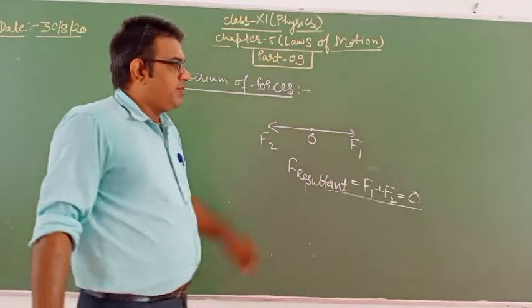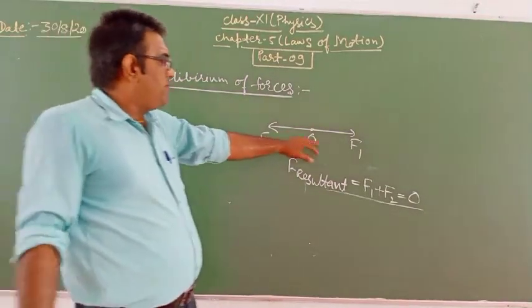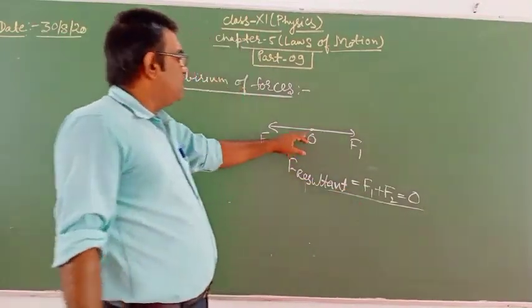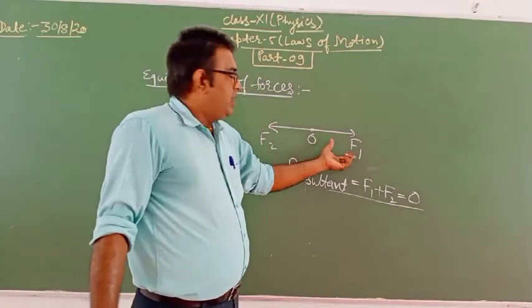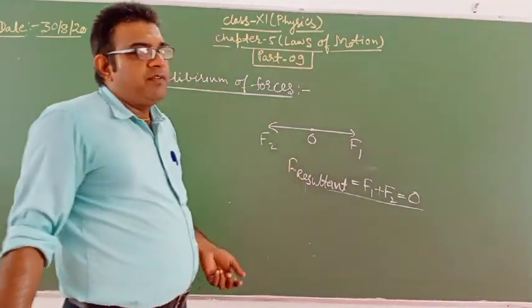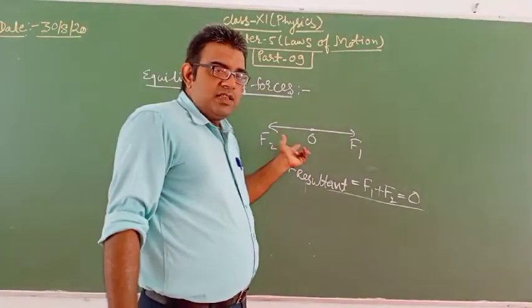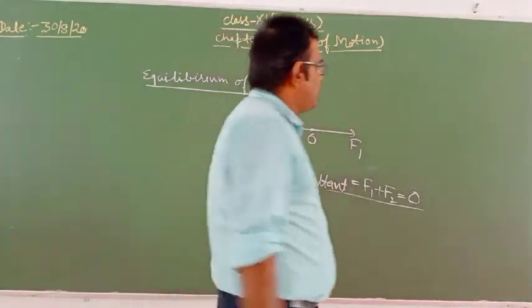So the net force at point O due to F1 and F2 is 0, and the point O is said to be in equilibrium under the effect of forces F1 and F2.